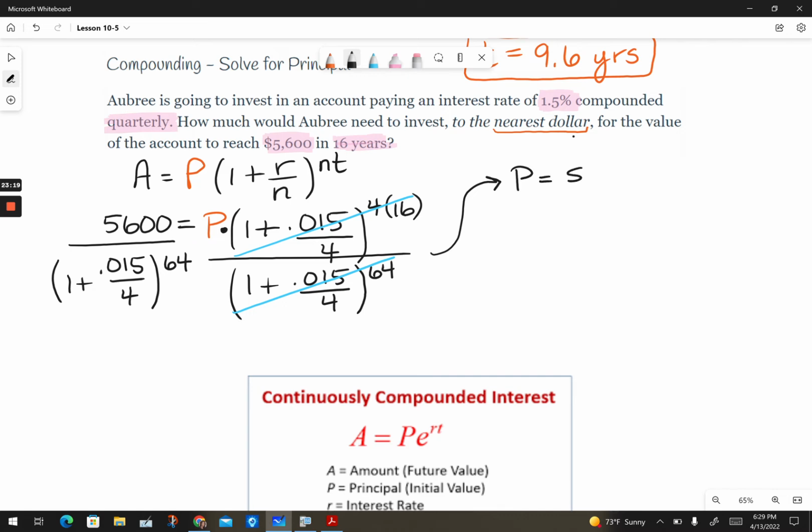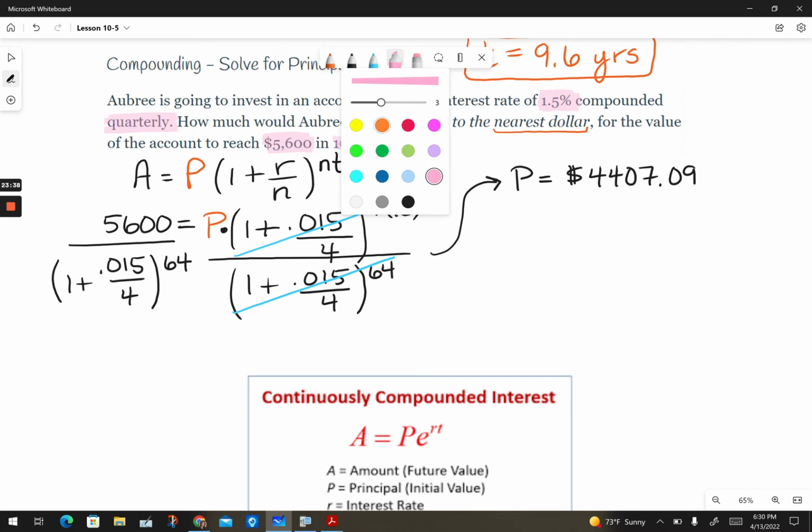They asked us to solve to the nearest dollar, okay? So since they're asking us to solve to the nearest dollar, I need to look to the ones place, okay? And so this is going to end up being a final answer of 4,407.